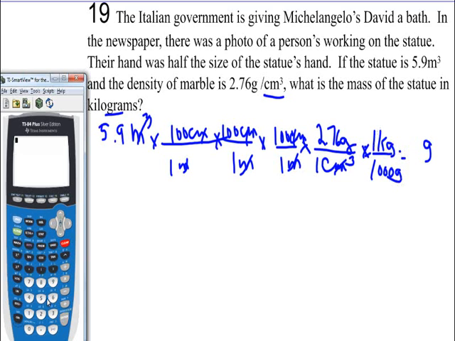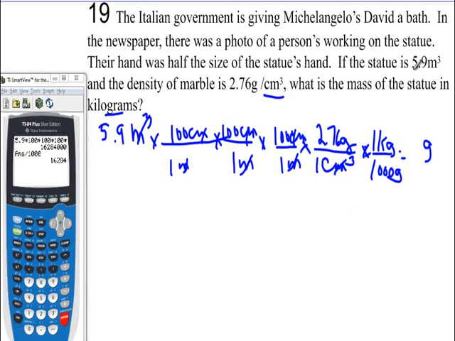I'm going to take 5.9 times 100 times 100 times 100 times 2.76 equals, divide by 1,000 equals, and I get 16.